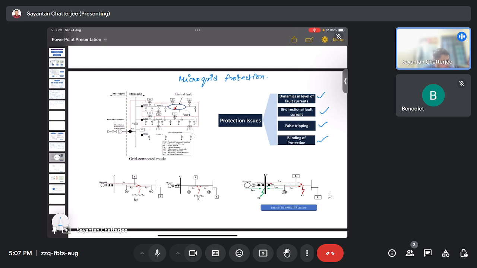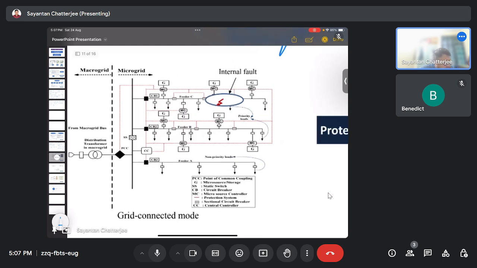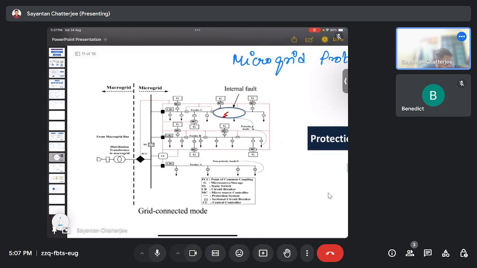Suppose here is the microgrid, here is the point of common coupling, and here we have DGs connected, loads, everything in place. If we compare with the previous operating scenario, these DGs were absent.